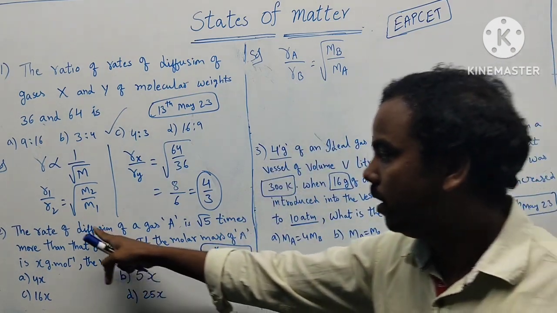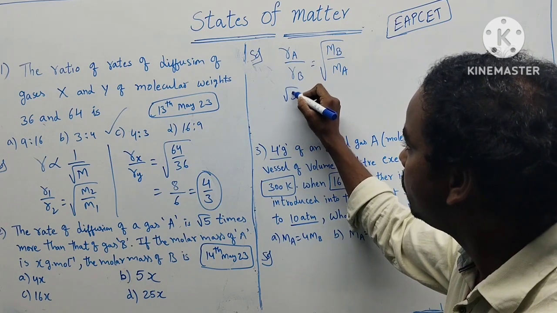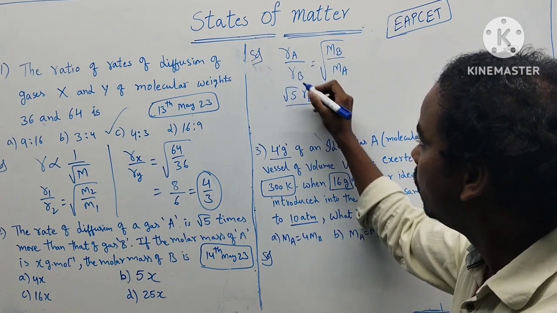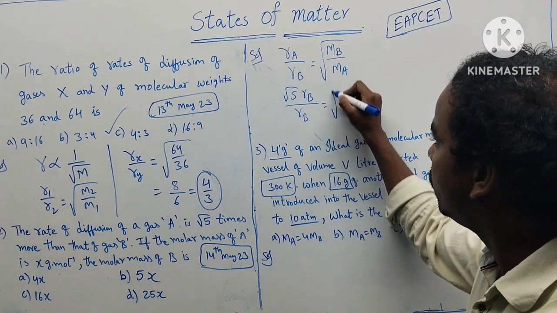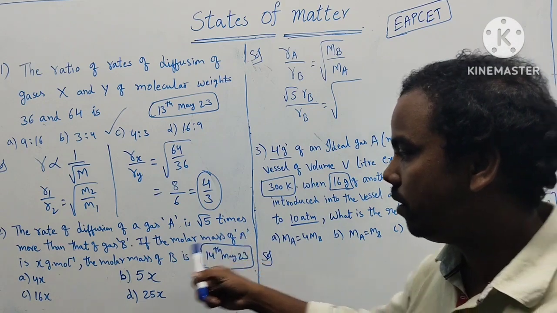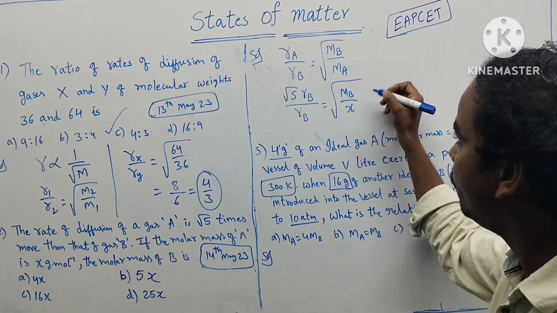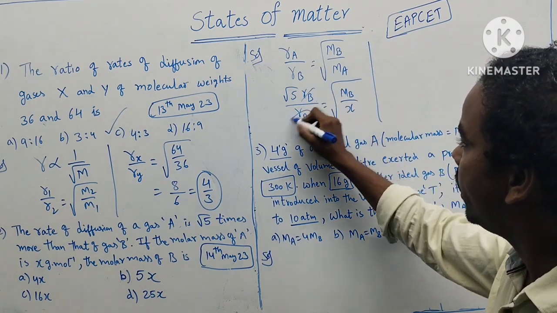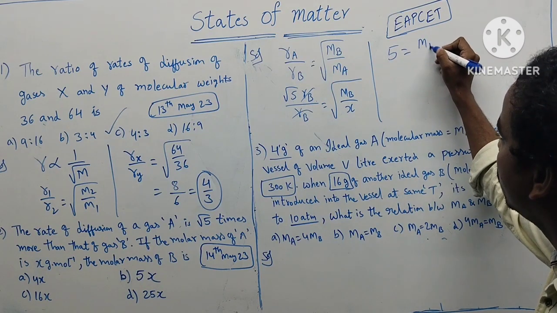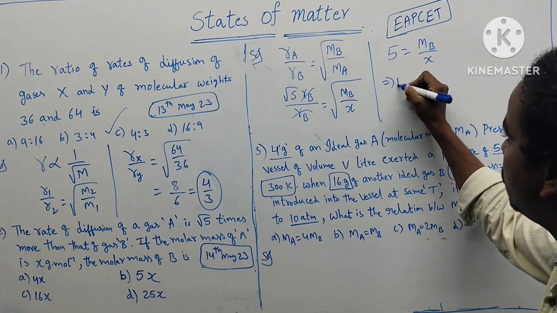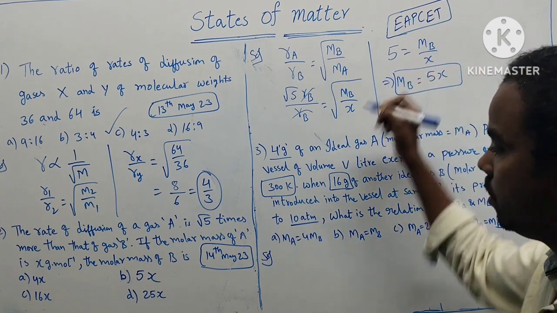Ra is root 5 times Rb, so root 5 equals square root of Mb by x. Rb cancels. Squaring both sides, root 5 whole squared is 5, equal to Mb by x. So the molar mass of B is 5x.